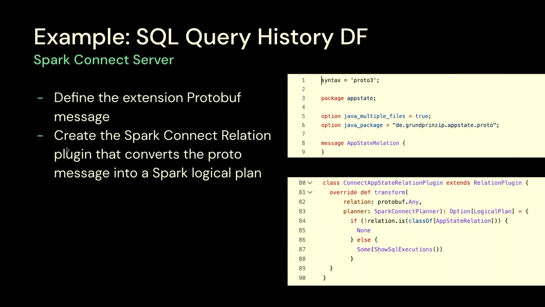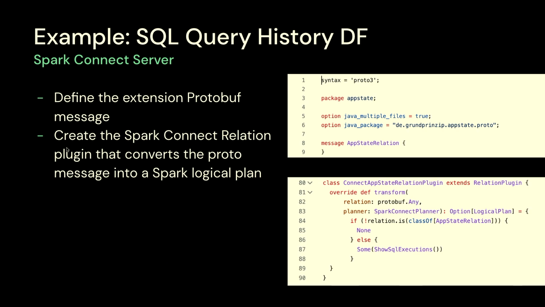The next step is that I need to integrate this into Spark Connect. How I integrate this is by creating a new relation type in Spark Connect called app state relation that is completely empty. It's really just a hook for the server side to understand I'm requesting this particular state. Then I'm writing a relation plugin that contains nothing more than these couple of lines, which means we encode extensions as protobuf any values.